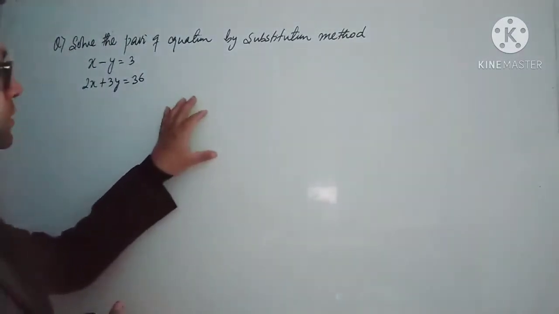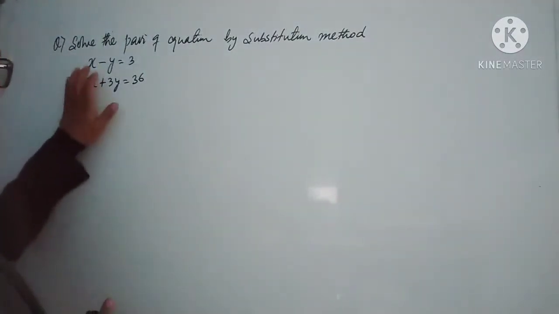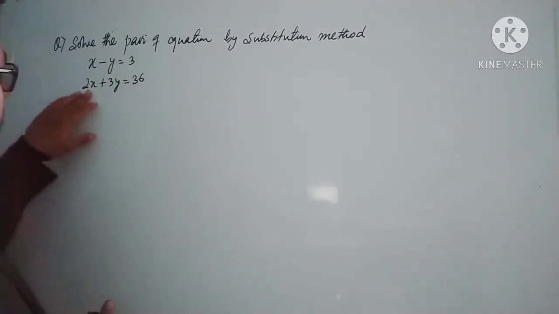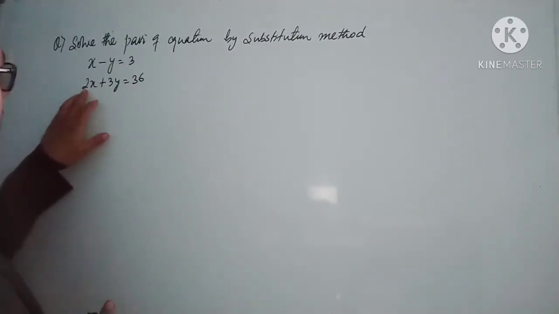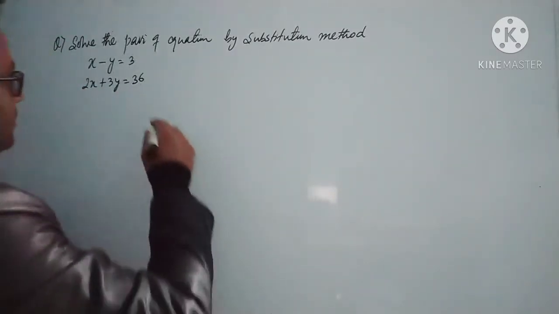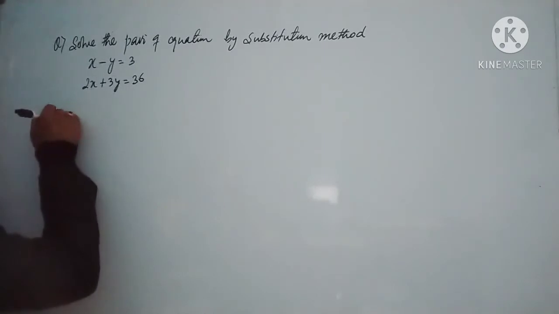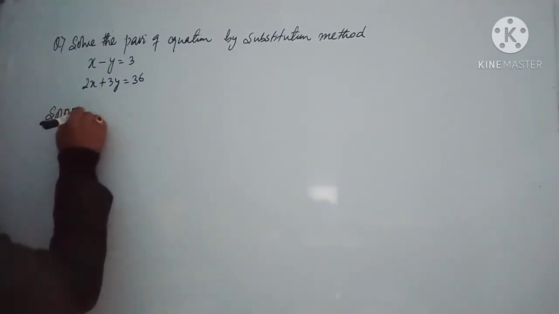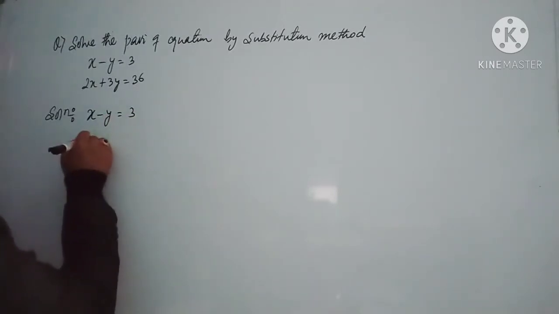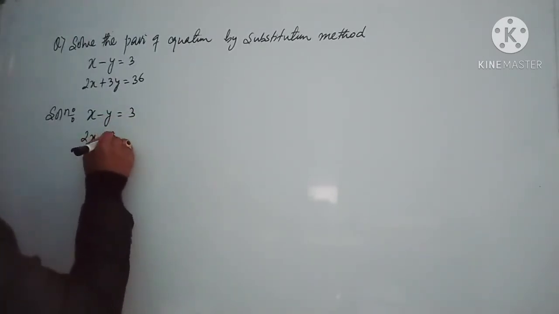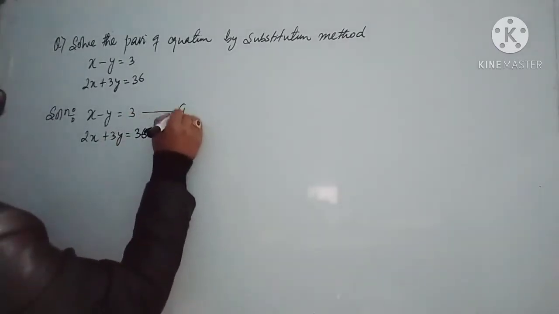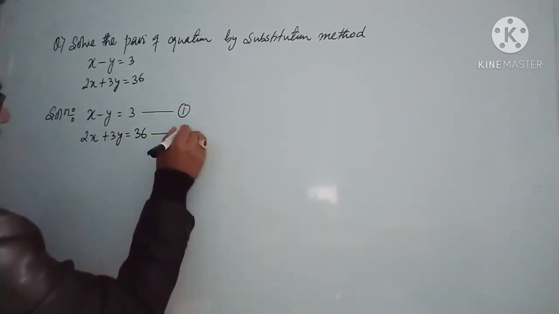The first equation is x minus y equals 3, and the second equation is 2x plus 3y equals 36. In the solution, first we write the given equations: x minus y equals 3 is equation number 1, and 2x plus 3y equals 36 is equation number 2.